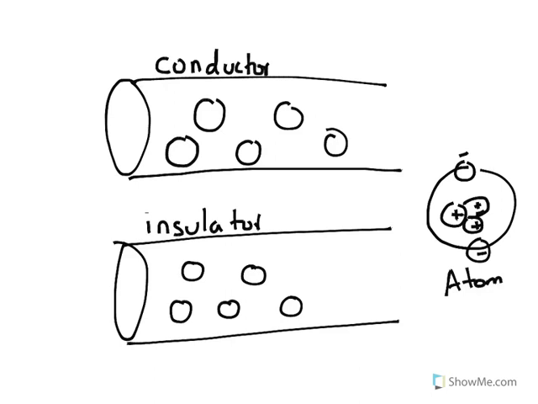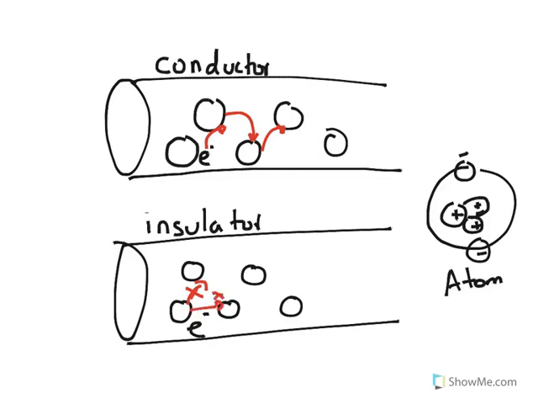Now the protons are fixed, but the electrons are able to interact. For instance, if we have an electron here, this electron can jump in a conductor, and then it can jump to another atom, and it can jump to another atom. So the electron is able to move. But in an insulator, the electron is not able to move to any other atom.